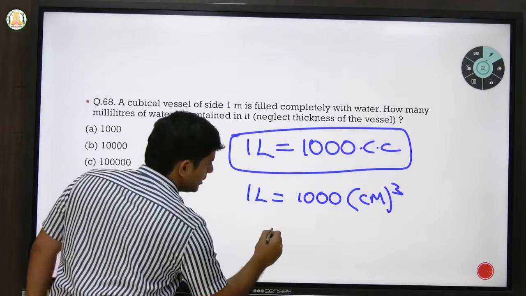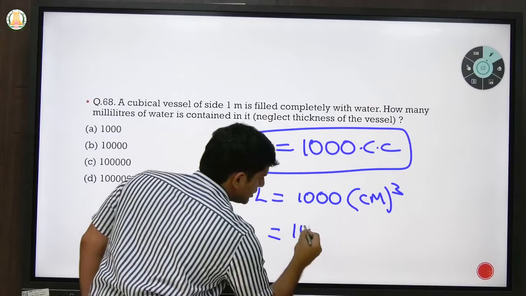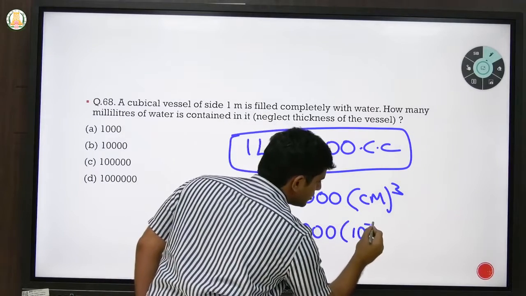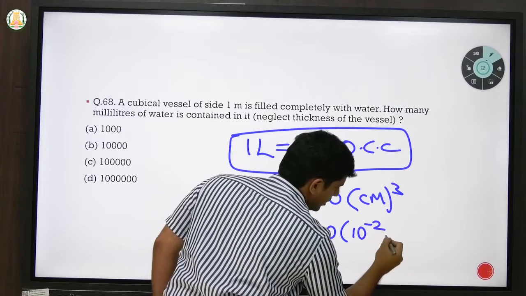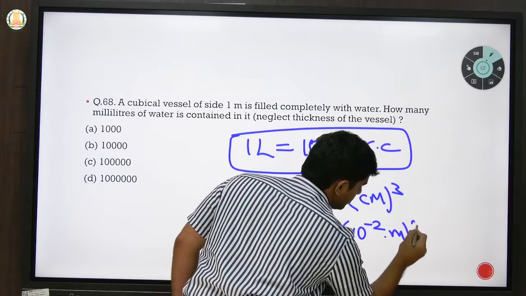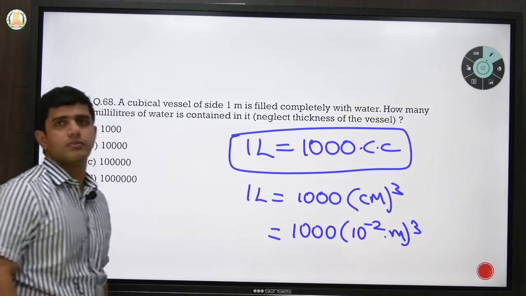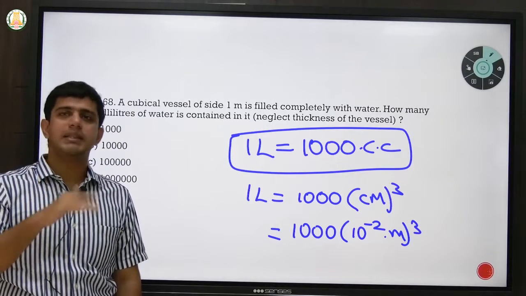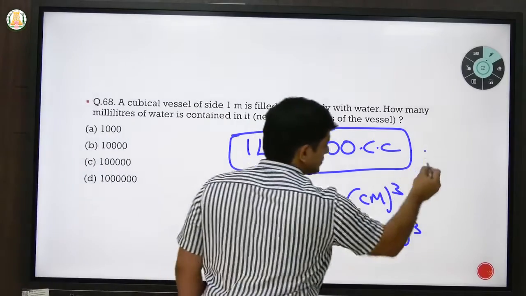Now if you go further, you know centi means 10 power minus 2, into meter, into cube. Clear on this? Centi means 10 power minus 2, milli means 10 power minus 3. I'll just write it here.